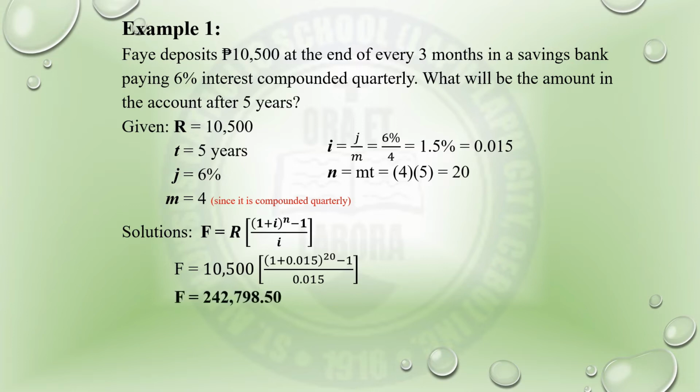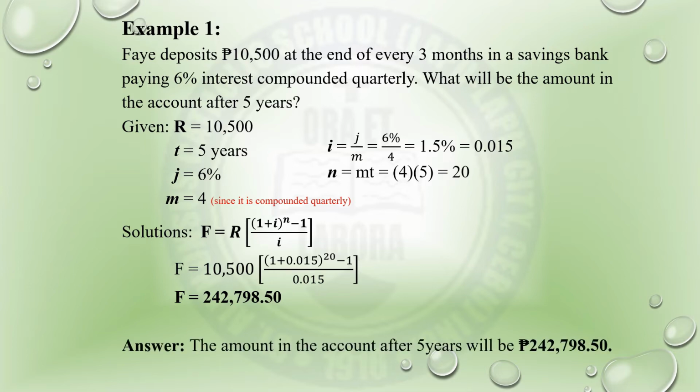Simplify them further, and you will be getting 242,798.50. So the answer, the amount in the account after 5 years, will be 242,798 pesos and 50 centavos.